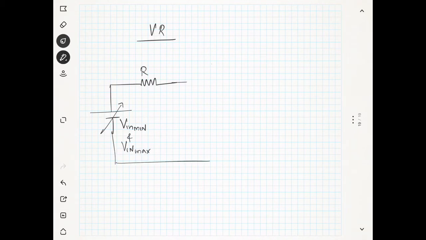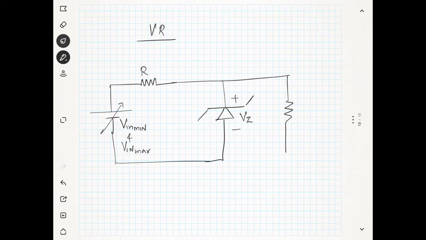Now you have a Zener diode like this. The voltage across the Zener diode will always be constant, it is Vz. Now you have a load, and across the load you are measuring the output, and the load is not fixed. Your load is changing between the limits RL minimum and RL maximum. I hope that this is clear.